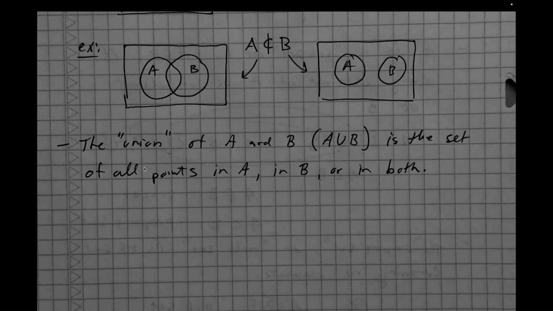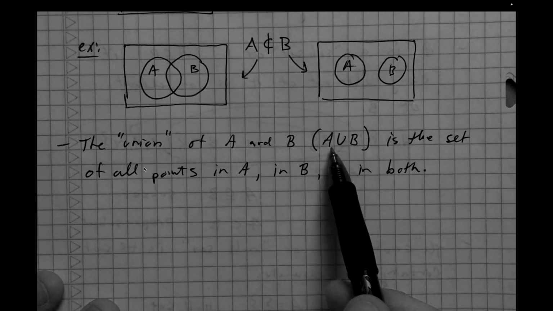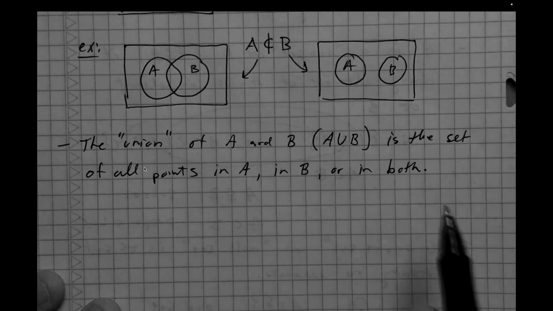So if you're in the union of A and B, then you're either in A, or you're in B, or perhaps you're in both.